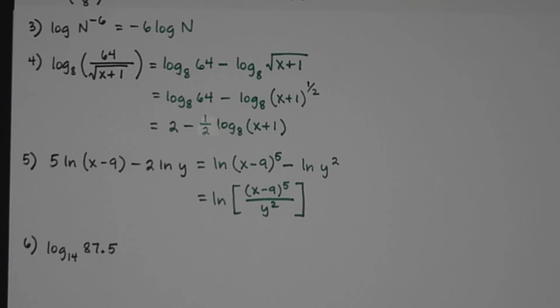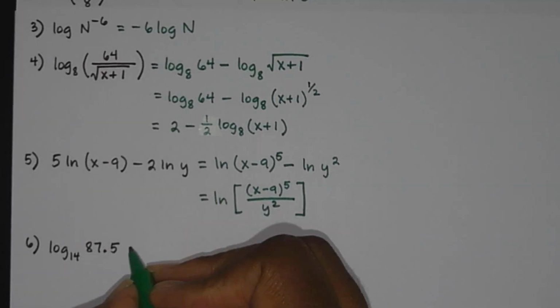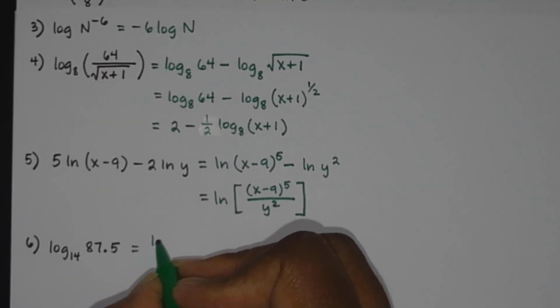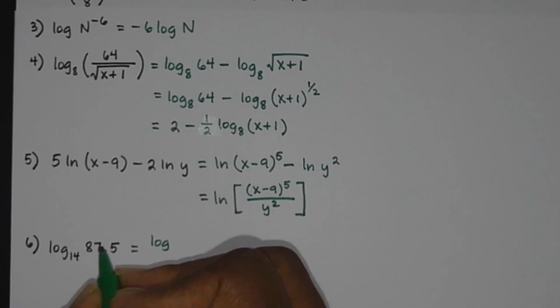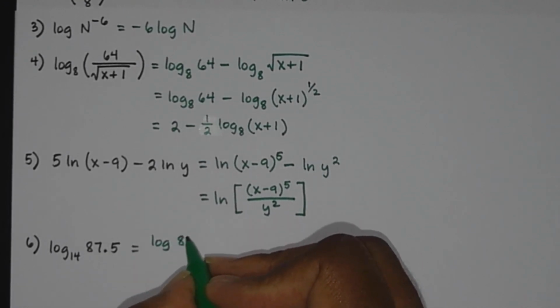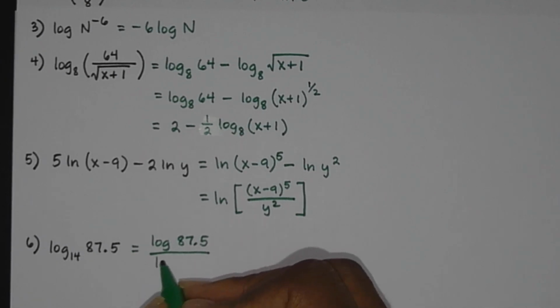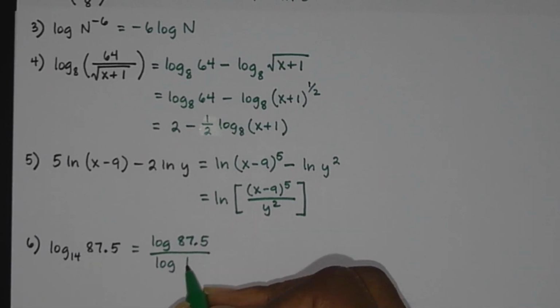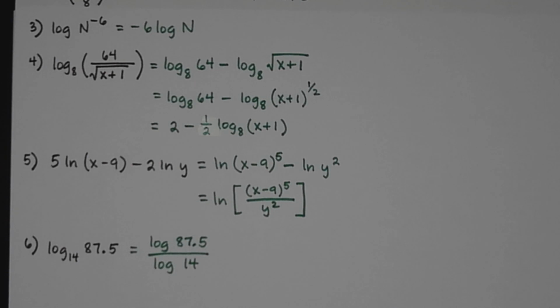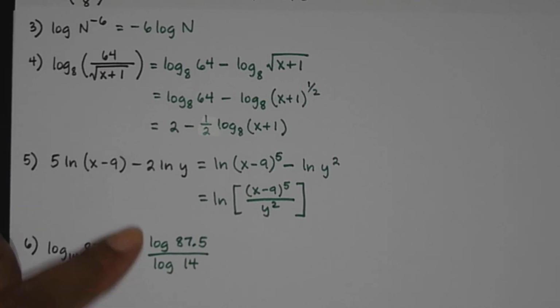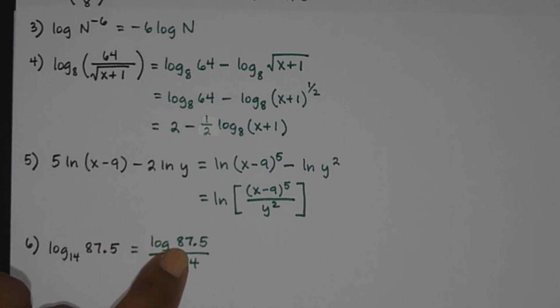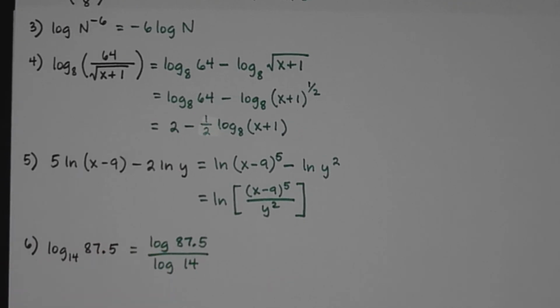If you recall, if you want to use common logarithms, it will be the log of the number itself, 87.5, divided by the log of the base, which is 14. You can also use natural logarithms by saying ln of 87.5 divided by ln of 14.